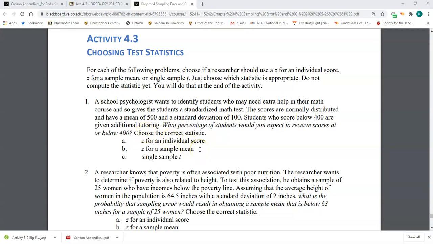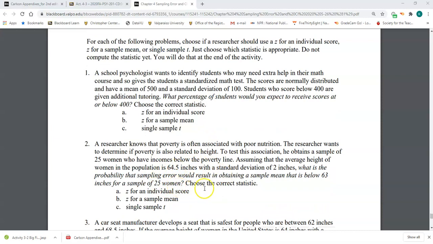However, when you get to other situations like this one, you're trying to identify sampling error. It's asking what is the probability that sampling error would result in obtaining a sample mean of a certain value, and then it's giving you the sample size. Sampling error means you must have had a sample. So it's very clear you're talking about a group of people.